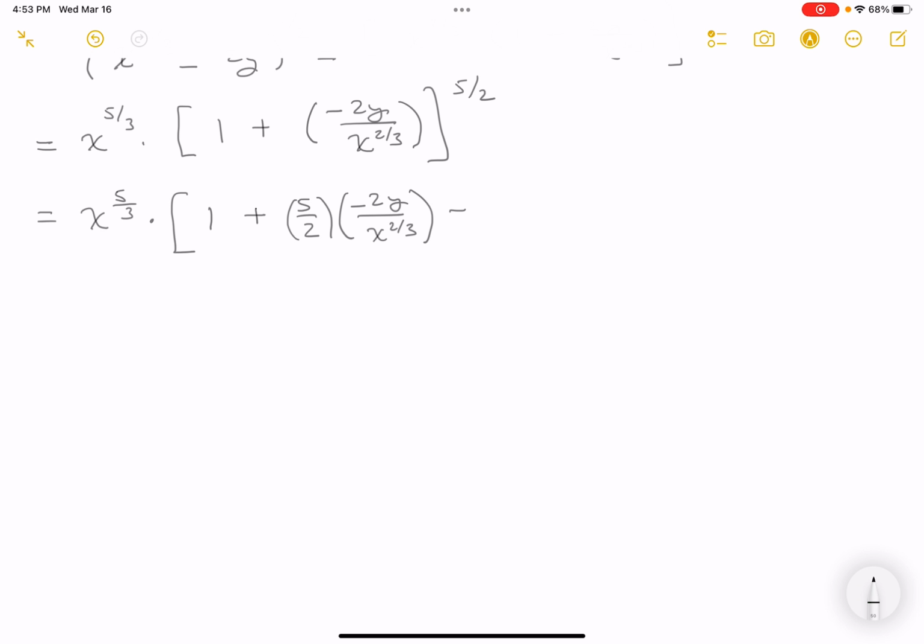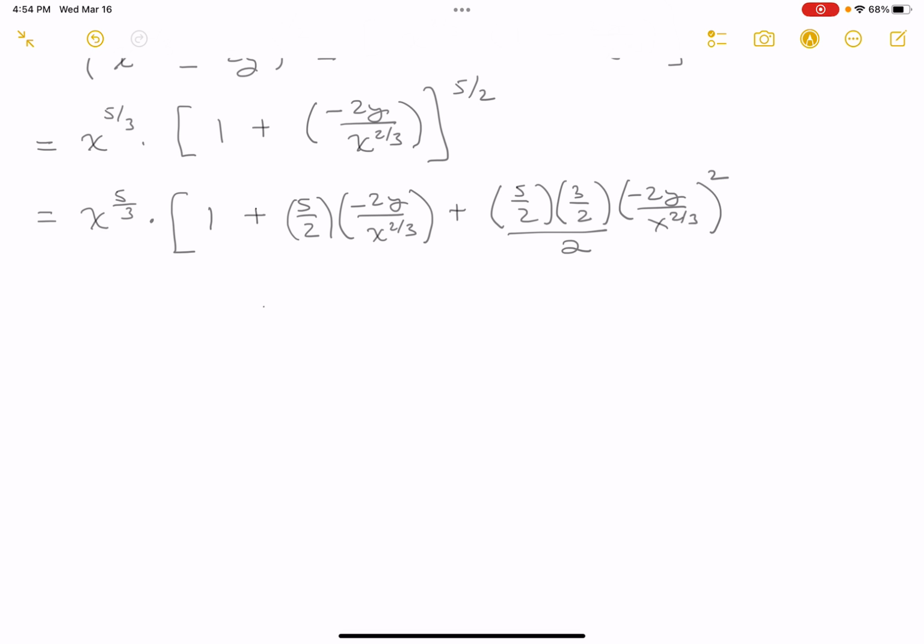Let's do the next term. 5/2. Then 5/2 minus 1 will be 3/2, over 2, that's 2 factorial, minus 2y over x to the 2/3 squared. Let's keep going.